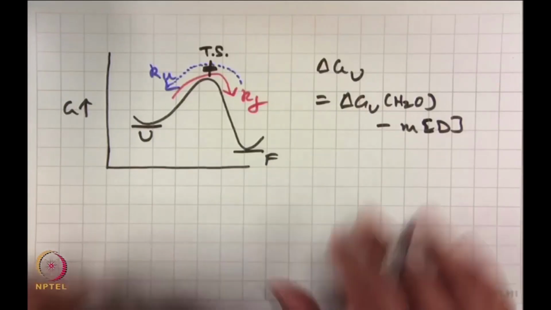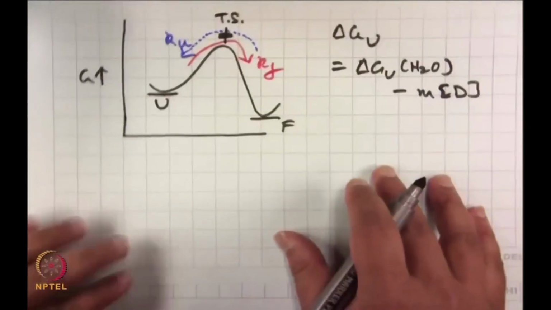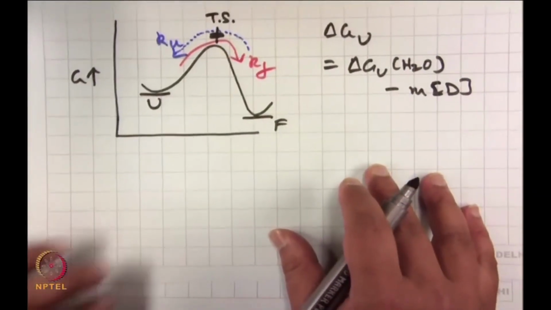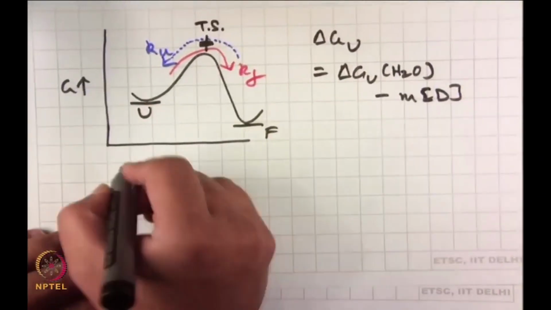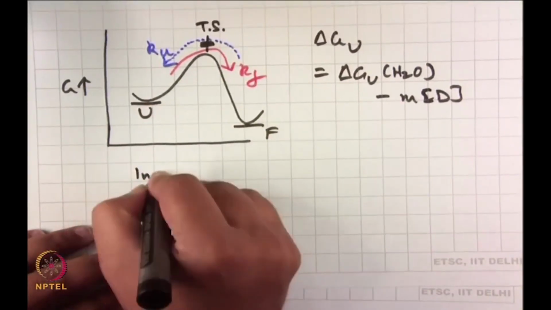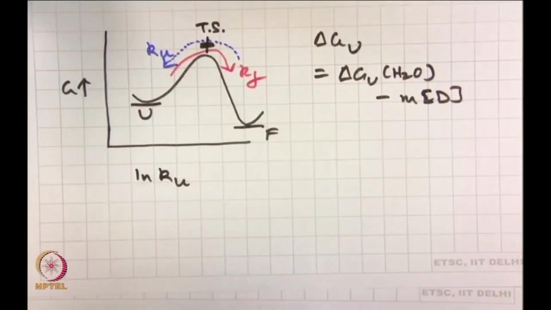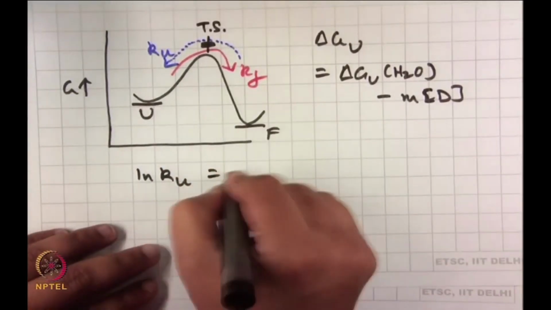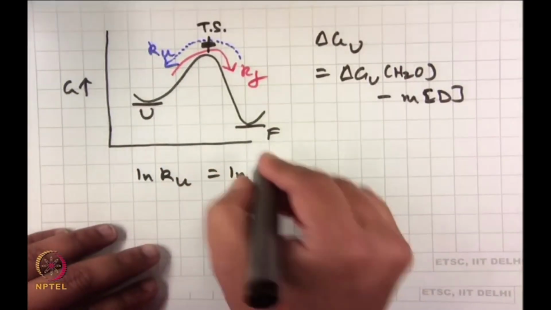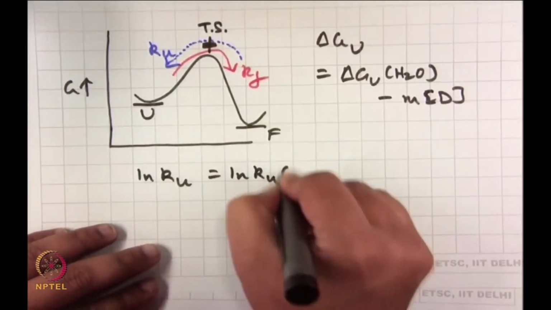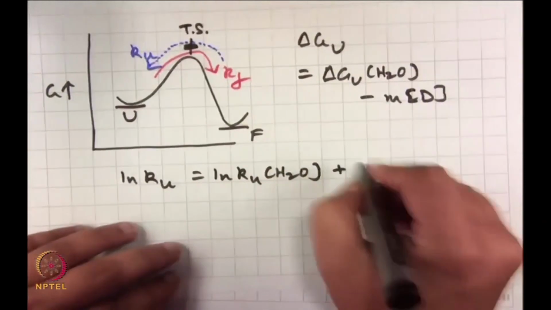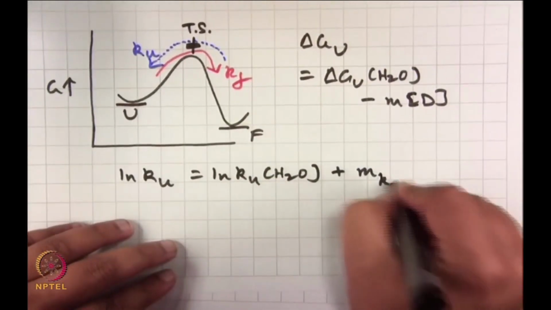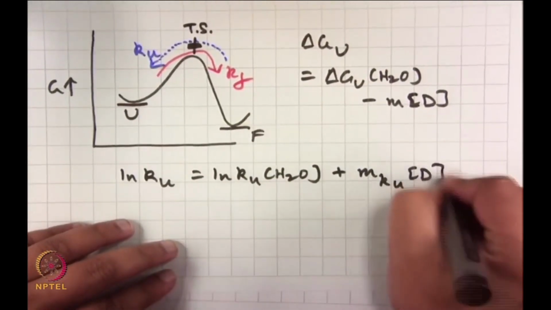So, what people found is this. Suppose you are looking at the unfolding, that means you are going from folded to the unfolded state. Then what you can write is natural log of Ku is equal to ln Ku in H2O plus mKu into concentration of denaturant.